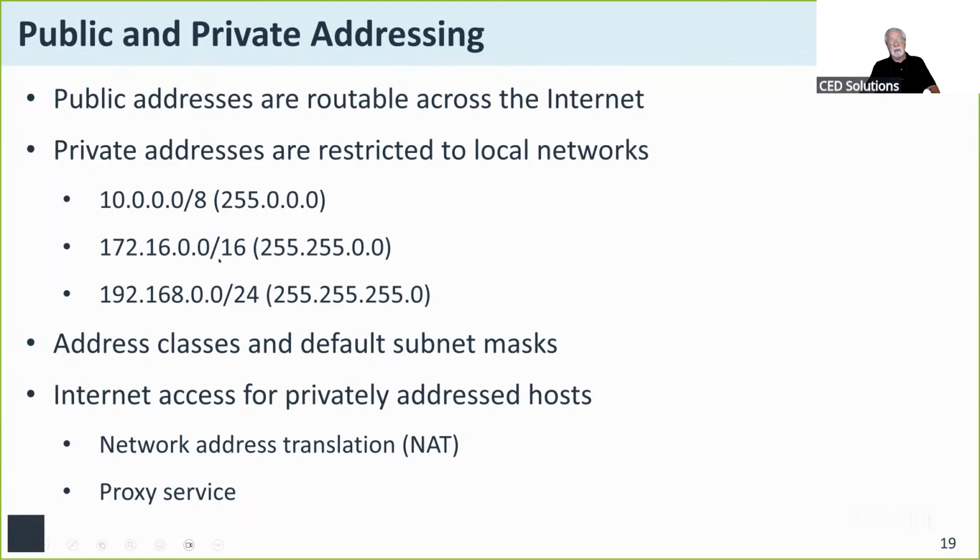The Class B networks, /16, mask out the first 2 portions or octets. That is the network address, leaving the last 2 for me to be able to calculate host addresses. Okay, those allow me to create 65,534 host addresses.